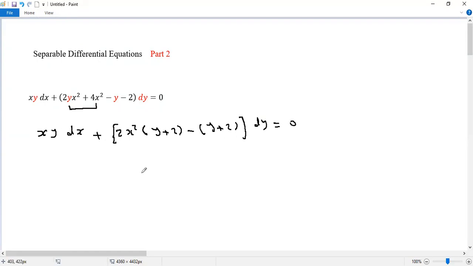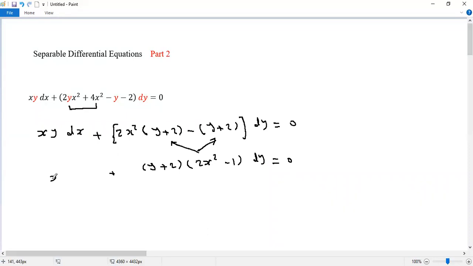Now y plus 2 is a common factor of both terms. Taking y plus 2 out, I have from the first one 2x squared minus 1, dy, equal to 0.